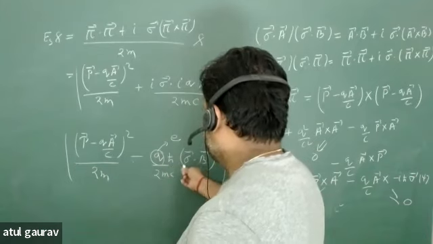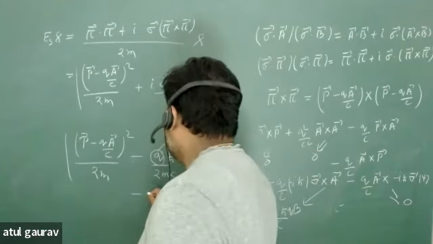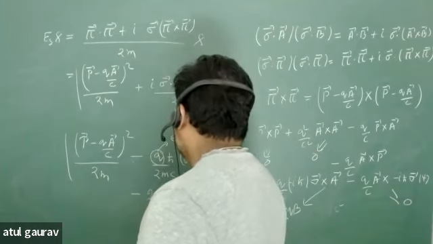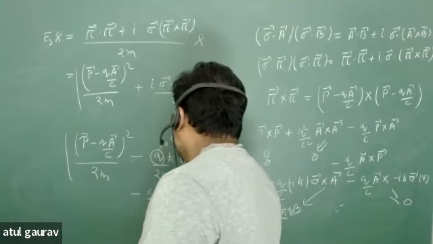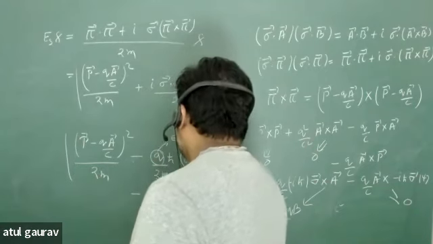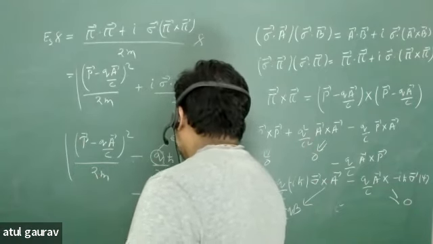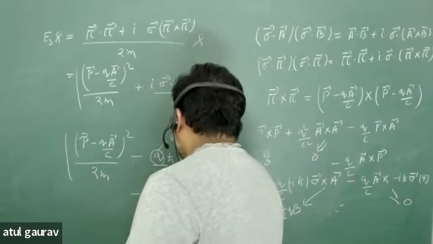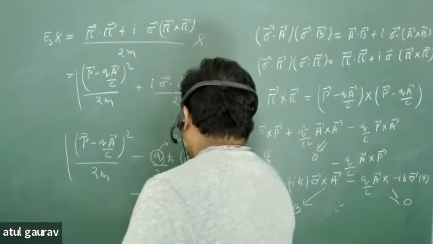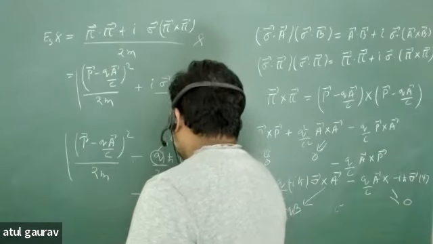Yes, sir. So this can be written as 2 times e upon mc, h bar by 2, or you can just go for S dot B. We can write it like this, right?